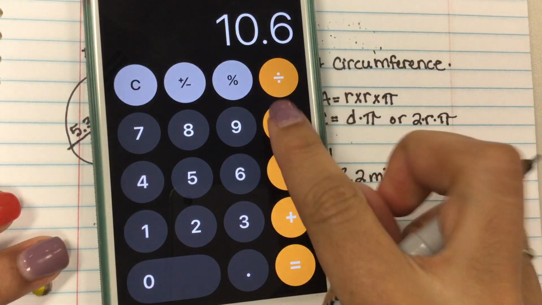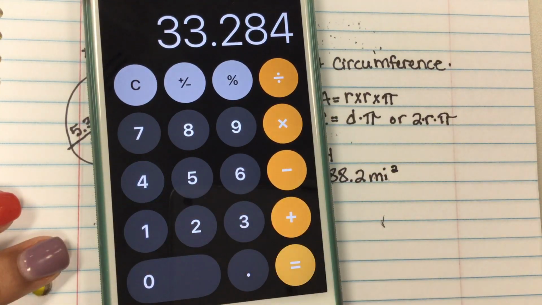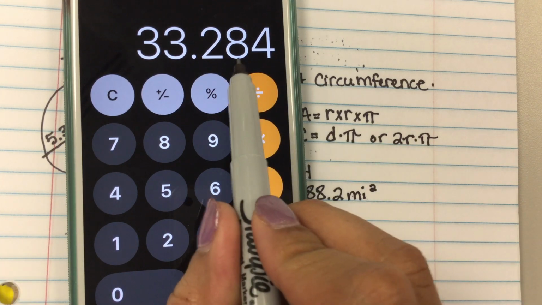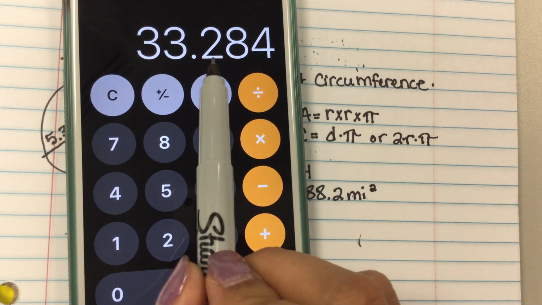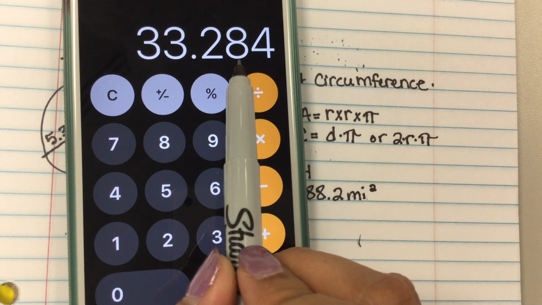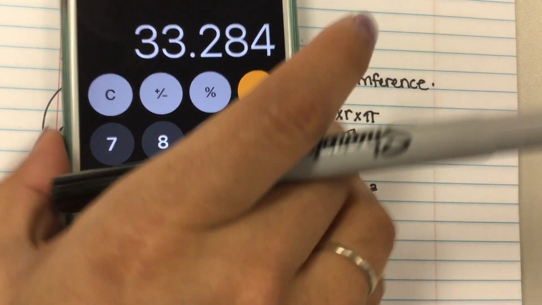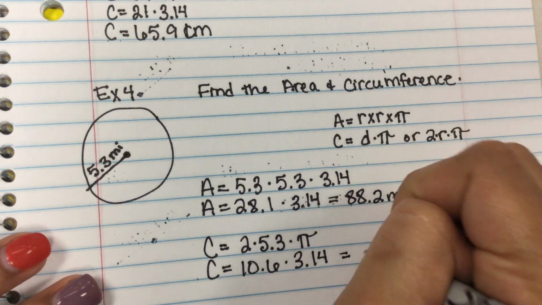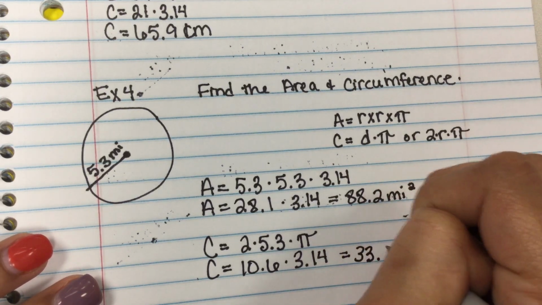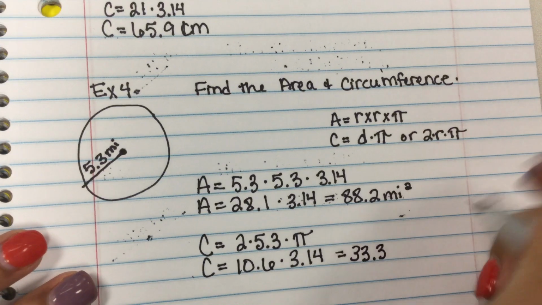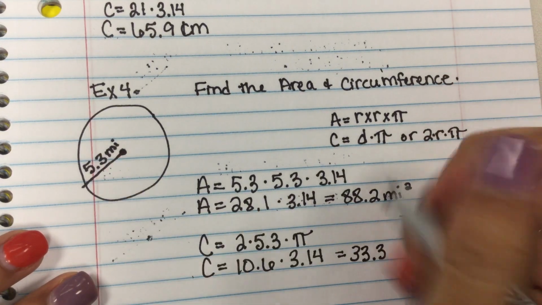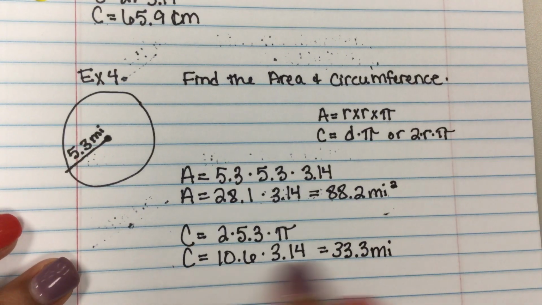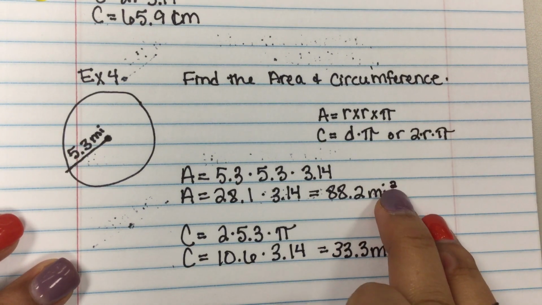So 10.6 times 3.14 gives me 33.284. And since I'm gonna do it to the nearest tenths place, that 8 is gonna round my 2 up to a 3. So that gives me 33.3, and we still need our unit, which is miles. Okay, and since this isn't area, we don't have to put the 2 up there.